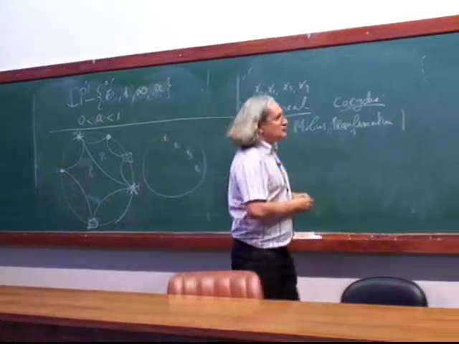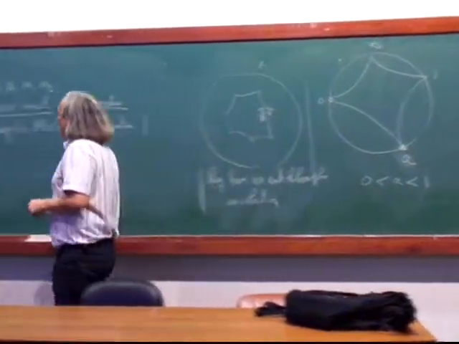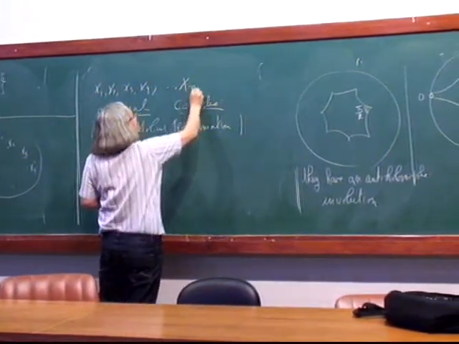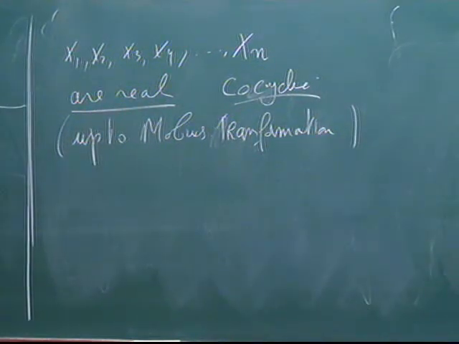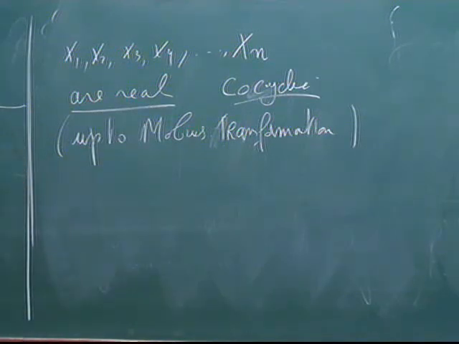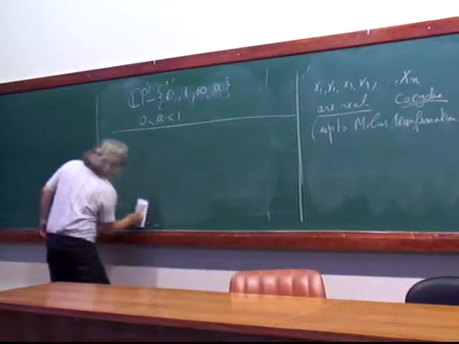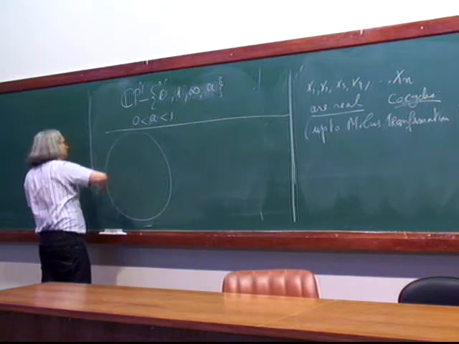Now what Poincaré does, if you want to realize n points on the real line, is you do exactly the same thing. You now take a polygon.